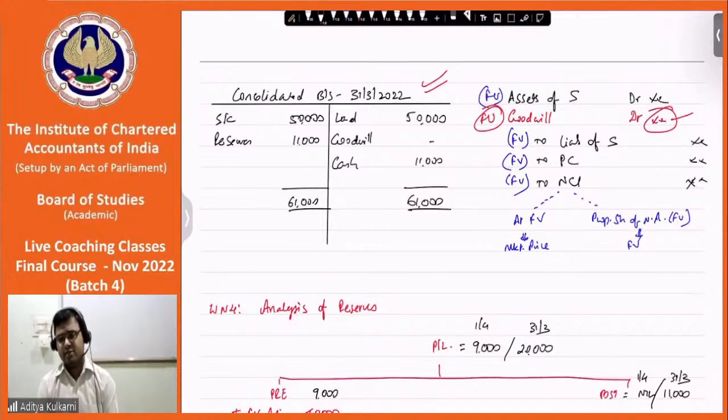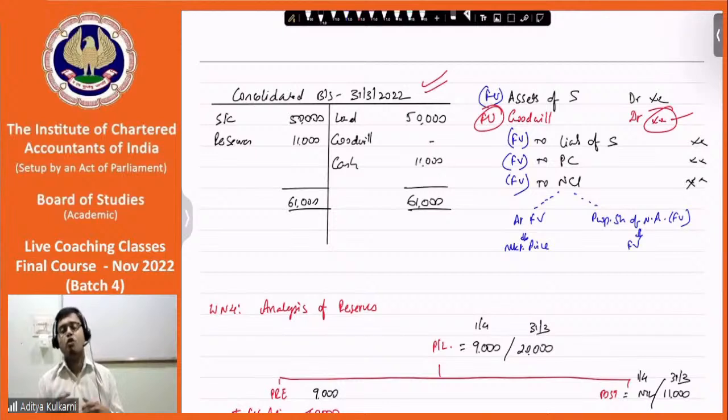If S Limited carries the asset at cost, then in the consolidated balance sheet your asset will appear at 50,000. So in this case, S Limited in the standalone will show the land at 10,000 forever, but in the consolidated balance sheet, you will show the land forever at 50,000 rupees. Why? Because on the date of acquisition, when you acquired the land, it would be 50,000.